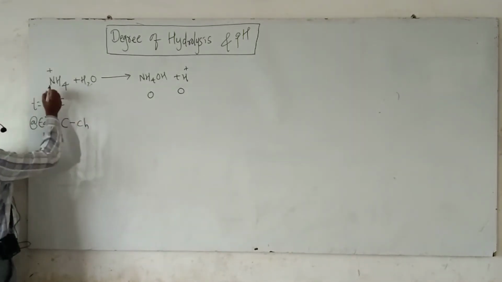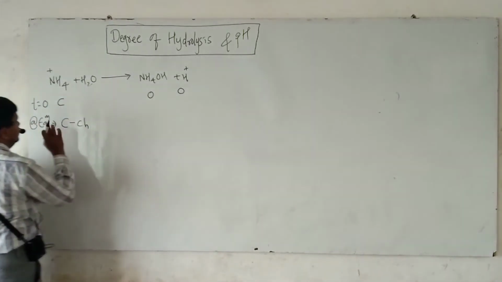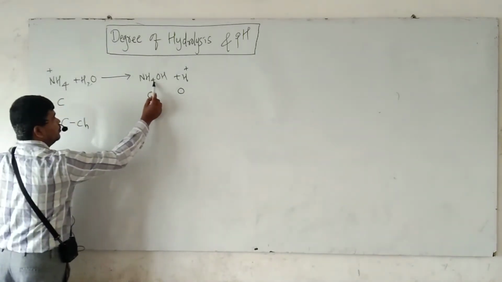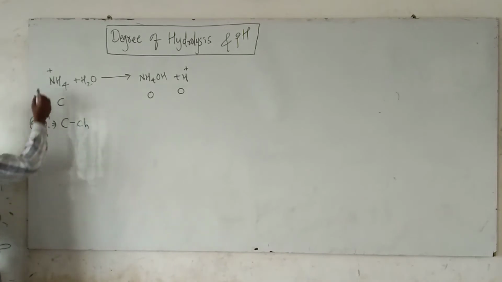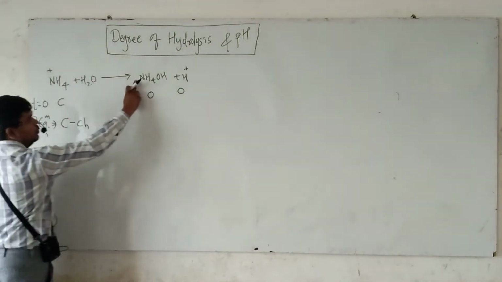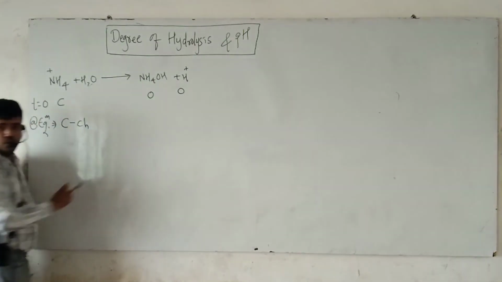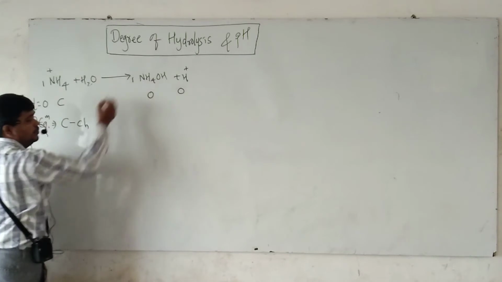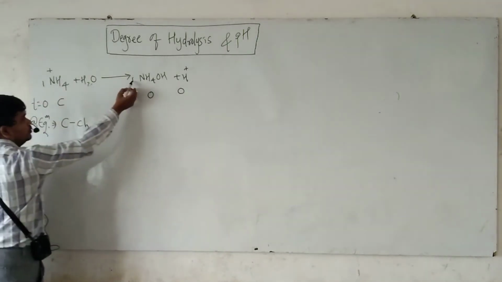Now, see here. What will be the concentration at equilibrium for the products? Two products are there. 1 mole of NH4 plus gives 1 mole of NH4OH. See here, nothing is written, which means there will be 1. So 1 gives 1.